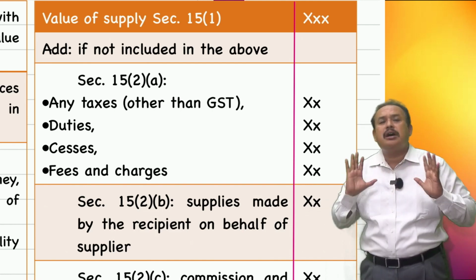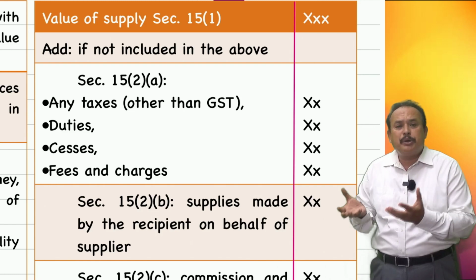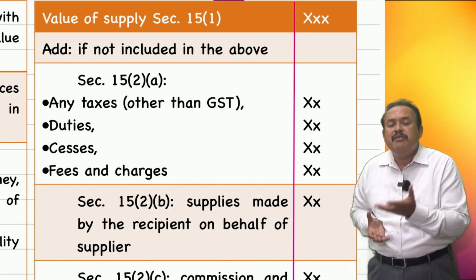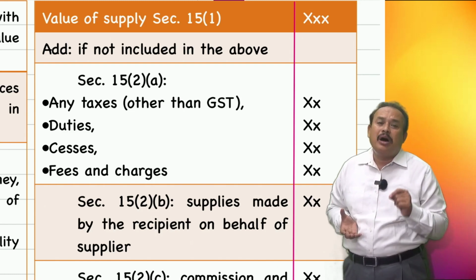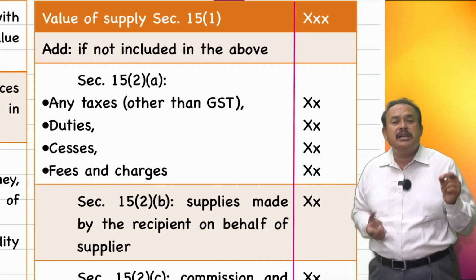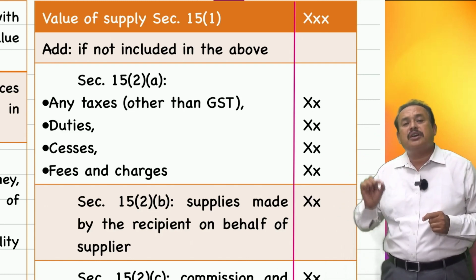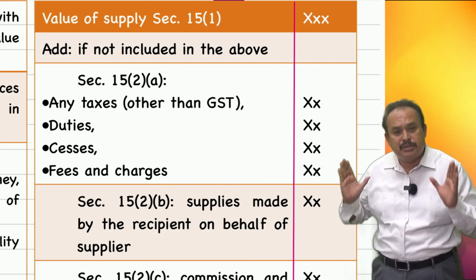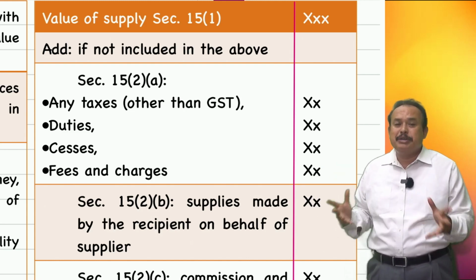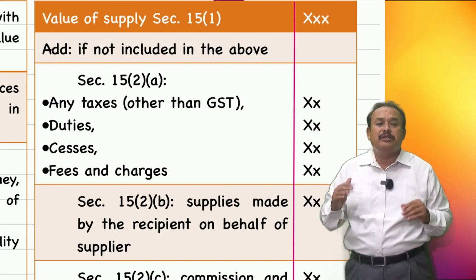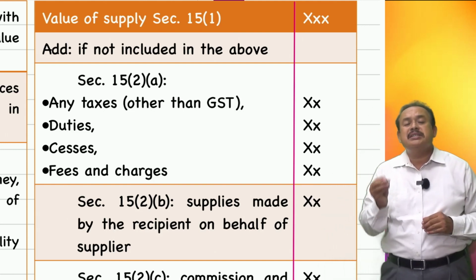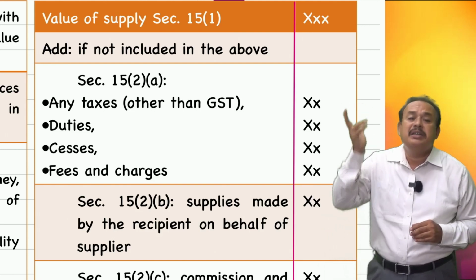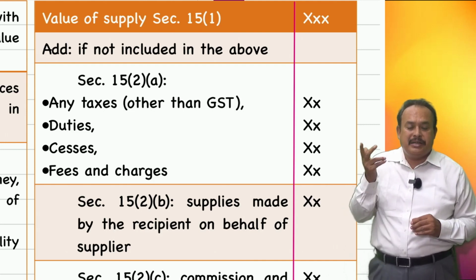In general, when I procure goods by paying GST which qualifies for credit, the GST qualified for credit should not form part of the cost of purchases, the cost of inward supply. It is a fundamental foundation stone. So taking that spirit into account, you should not add in the value of supply GST taxes if they are qualified for input tax credit, is the meaning of it.